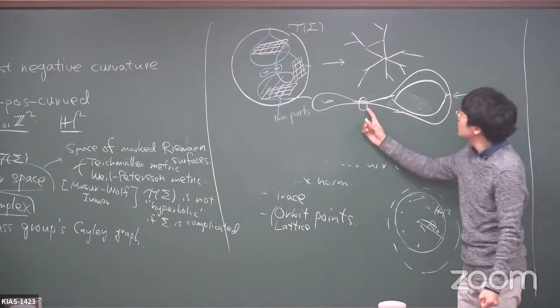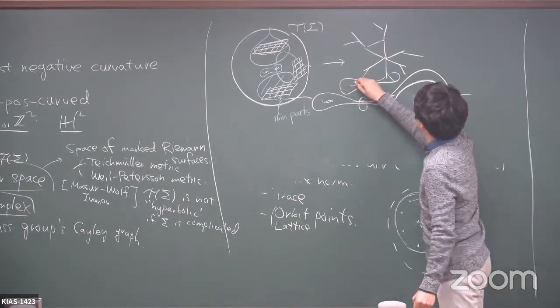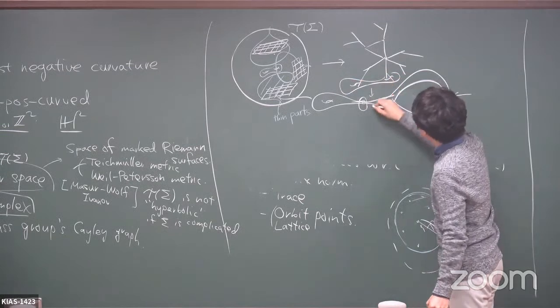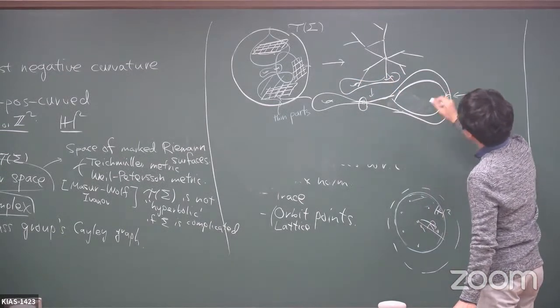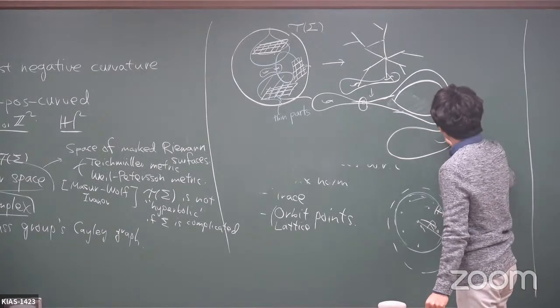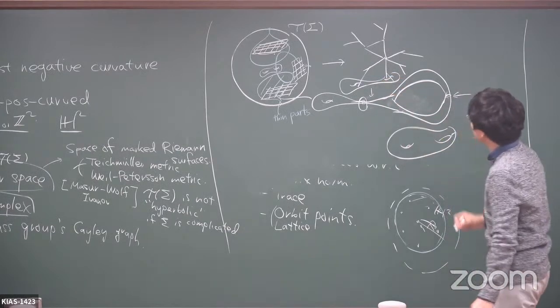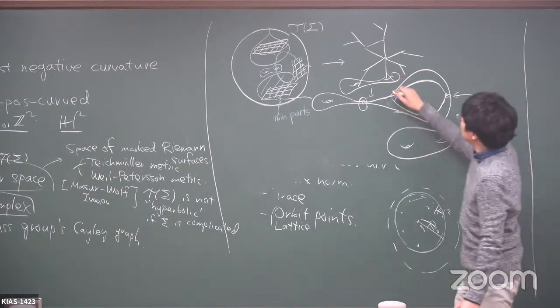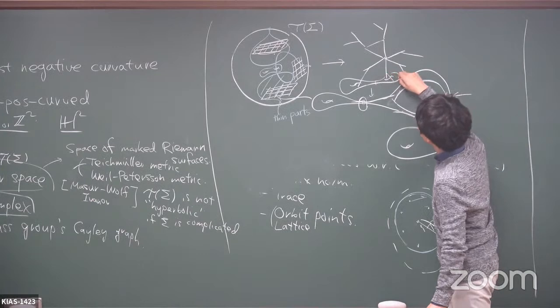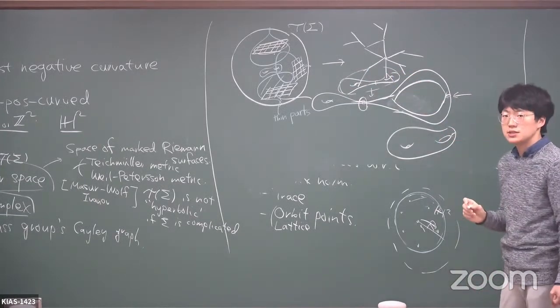So you can first generate a thin Riemann surface like the original one, and then you can generate a simultaneously thin Riemann surface, and then you can go to this one. If you consider this kind of continuous deformation, then you can move from one thin surface to another thin surface having a distinct waist.